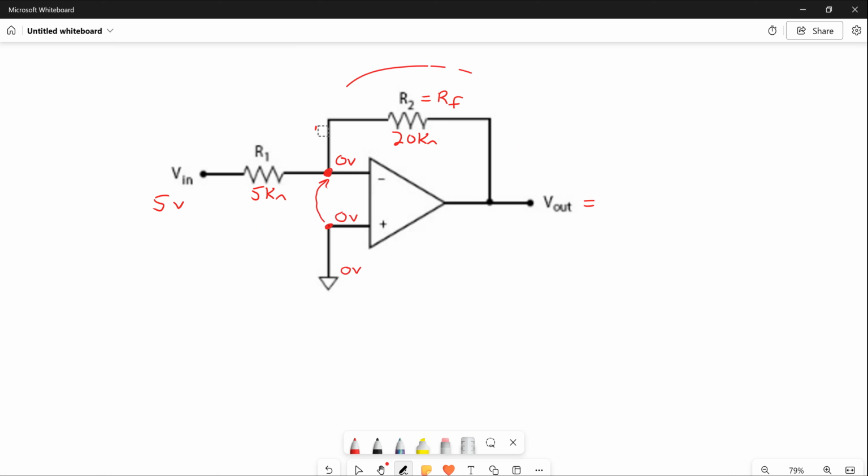Once you project that voltage over to the other side, you can completely forget about the op amp. You can take it out of the circuit, and you can completely ignore it for calculation purposes. Incidentally, I want to point out that when you do that, that point right there is called virtual ground.